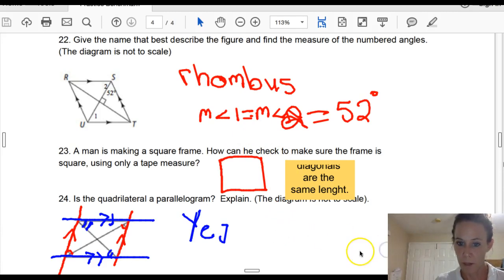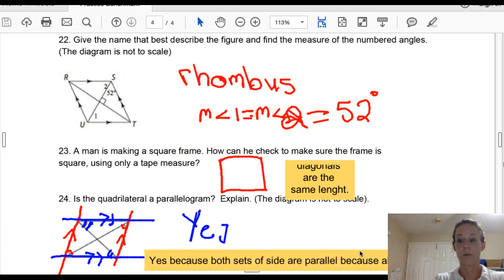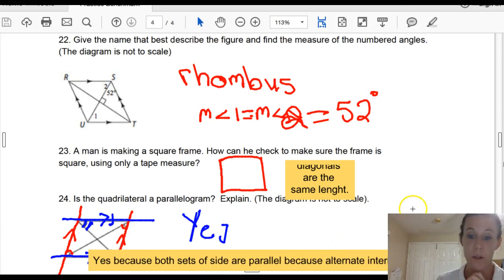Okay, maybe it'll let me type now. Yes. Both sets of sides are parallel because alternate interior angles are congruent. And that's what you say, something to that effect, all right?